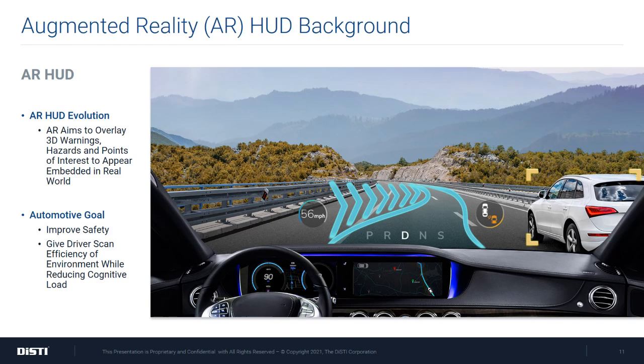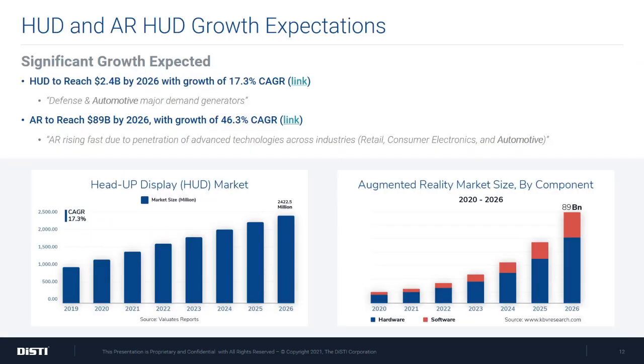The primary goal of this is obviously to improve your safety, but much like with aviation, it's really about giving the driver a scan efficiency of the environment while reducing the cognitive load. And so when we take a look at these two different markets of both HUDs and AR, you'll see that HUDs is actually expected to grow by 2026 at roughly 17.3%. And while this encompasses both defense and aviation as well as automotive, automotive is seen as a major contributor to this.